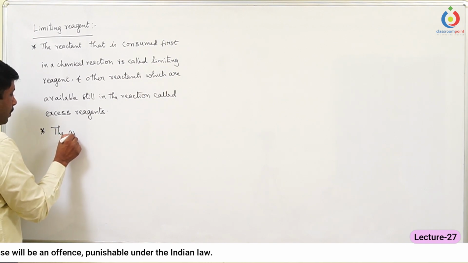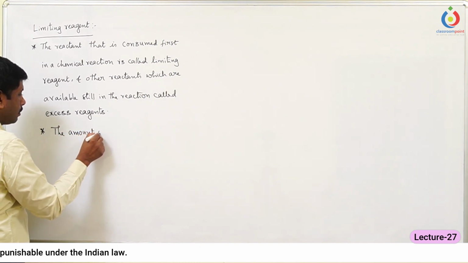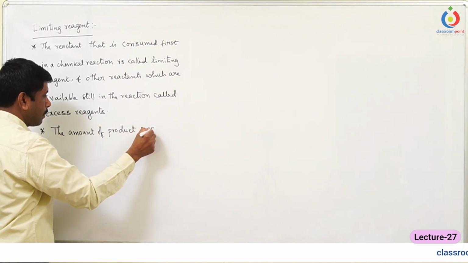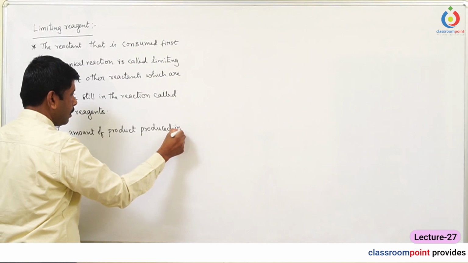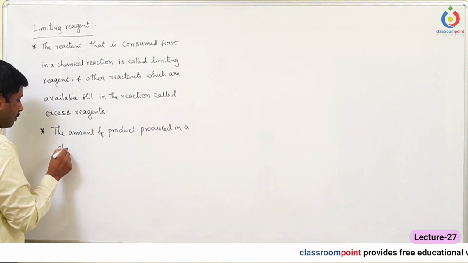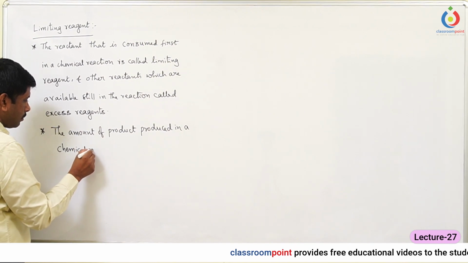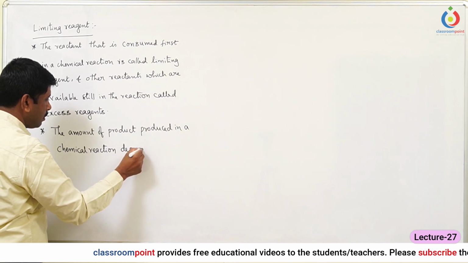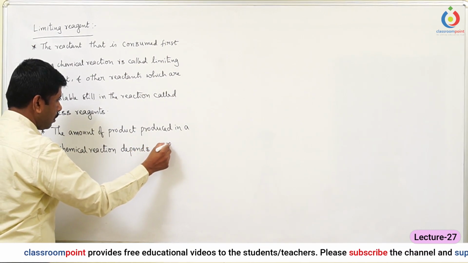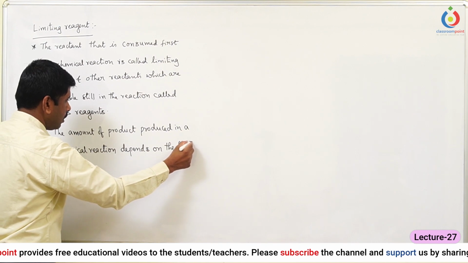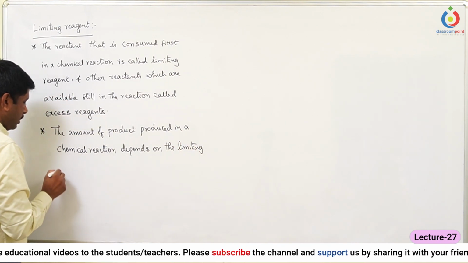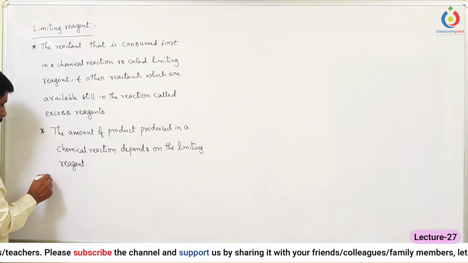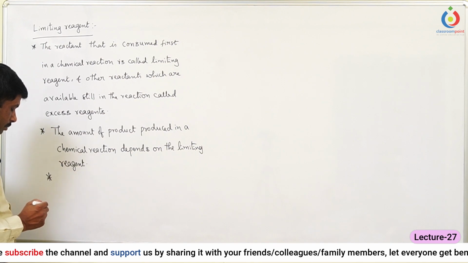The amount of product produced in a chemical reaction depends on the limiting reagent. Then how to identify the limiting reagent?